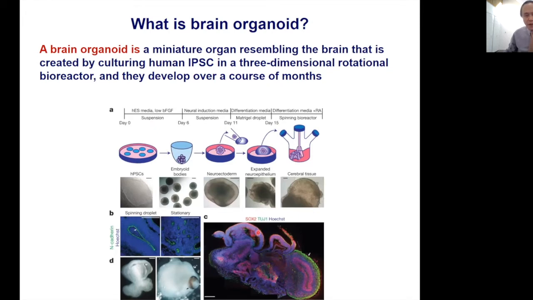Eventually, after maturation, with beautiful staining you can see it mimicking the human brain structure, with different cell types and different layers, of course in very tiny size.